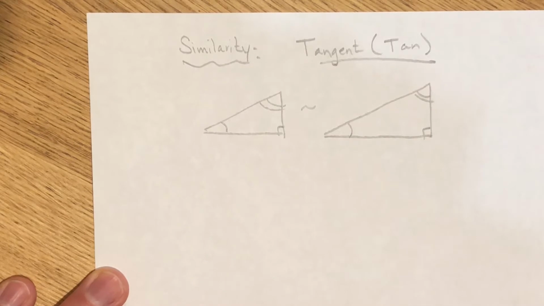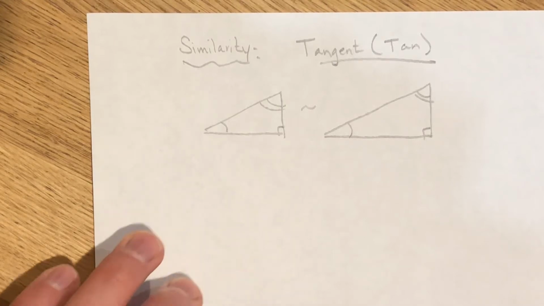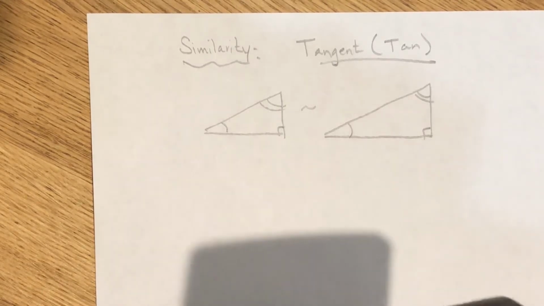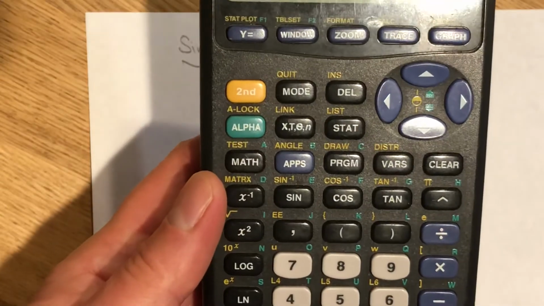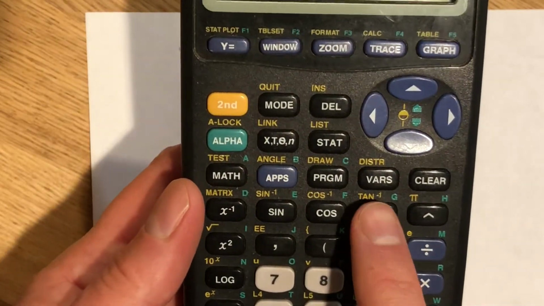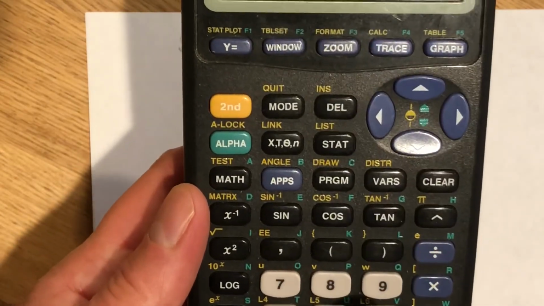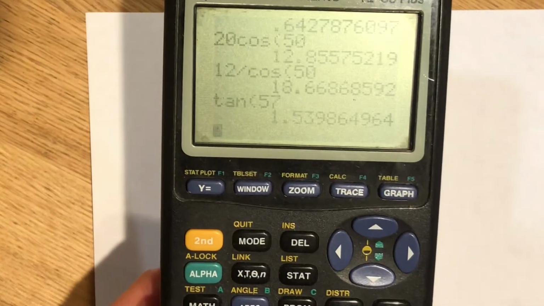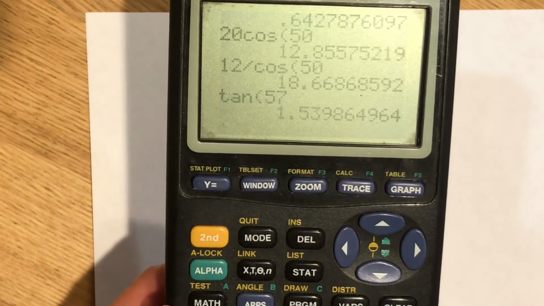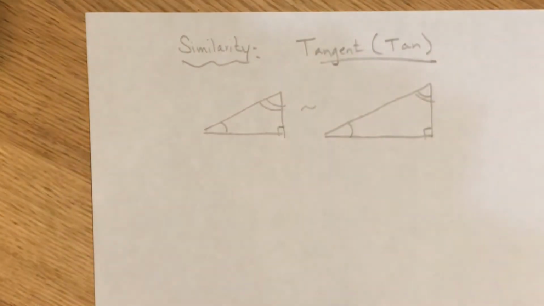So that allows us to figure out unknown side lengths or unknown angles based off of that fact. For example, I haven't introduced the tangent formula yet, but just as a sneak peek of what the numbers will be, tangent of 57 degrees equals about 1.54, approximately. So we'll come back to that.